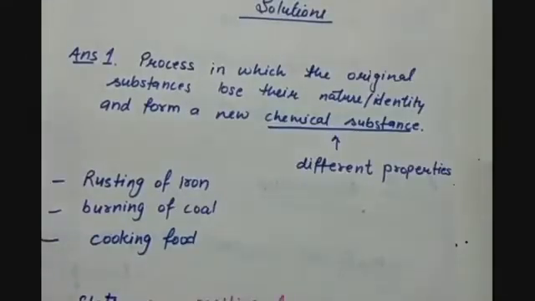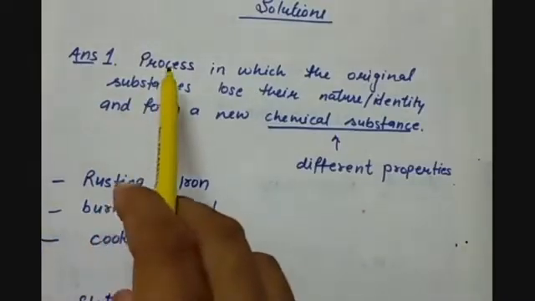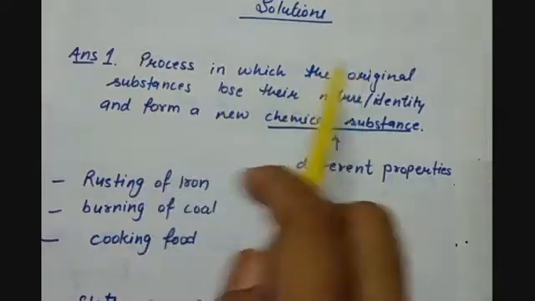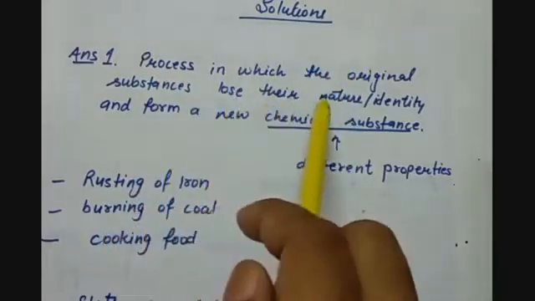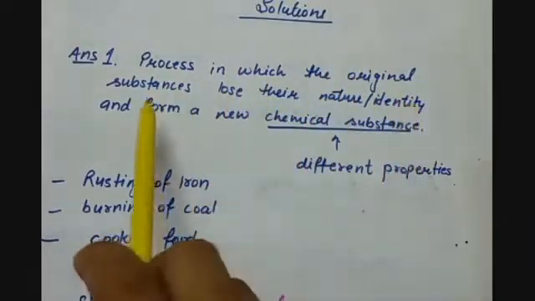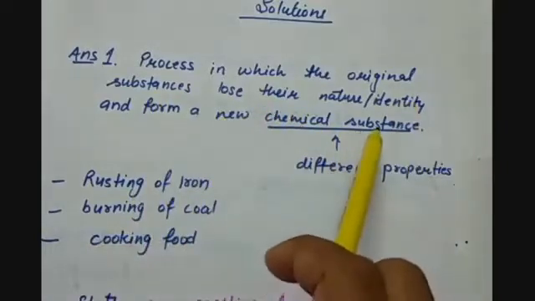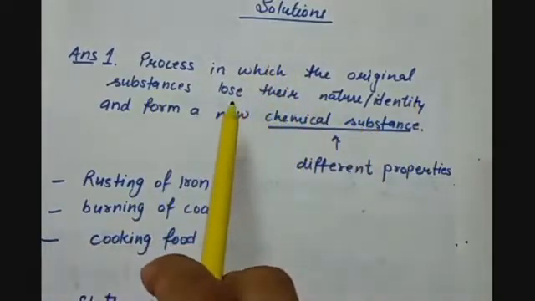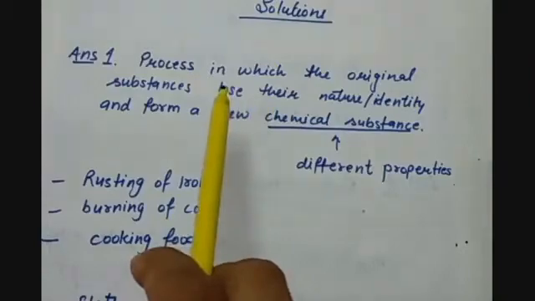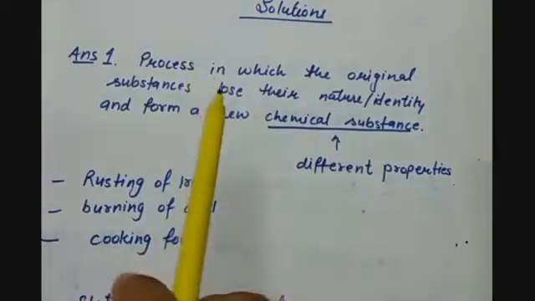So dear students, in the answer of this question we can write that the process in which the original substance loses its nature and identity to form a new chemical substance is known as a chemical reaction.